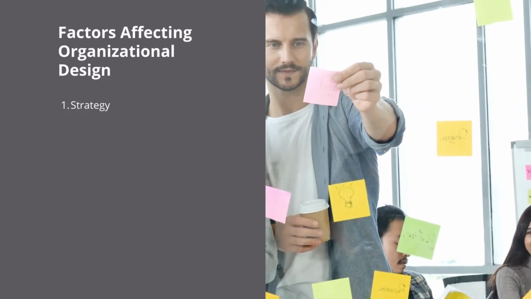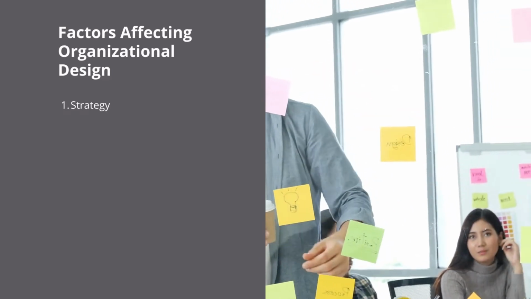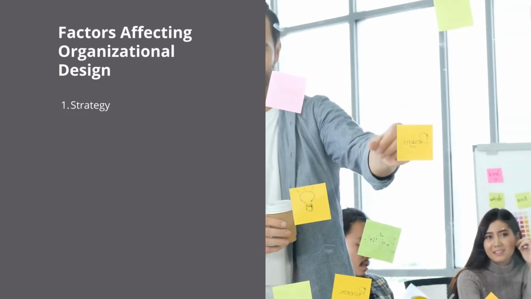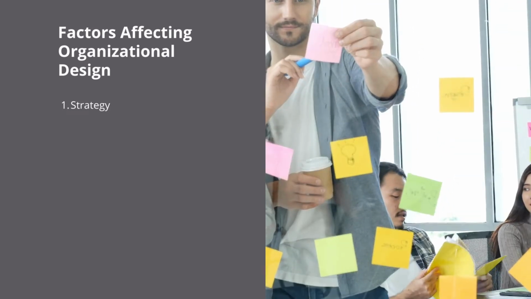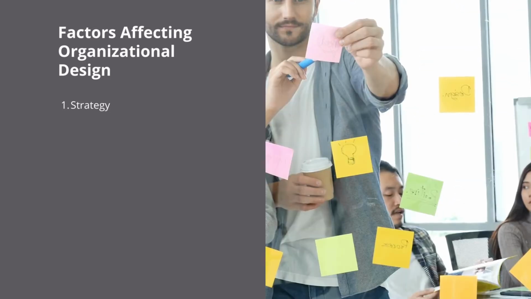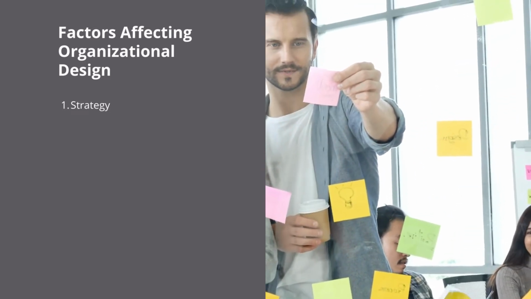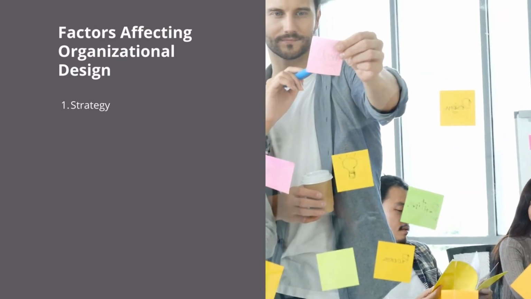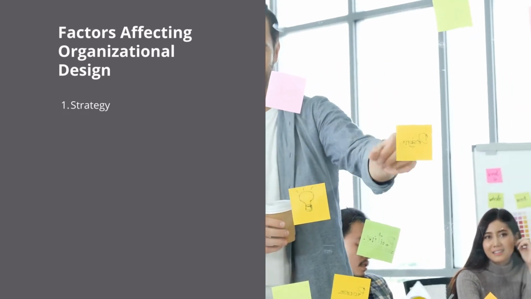Here come the factors. The first one is strategy. Considering the organization's resources, capabilities, and mission, organizational strategy refers to how the company positions itself in relation to its stakeholders in its environment.